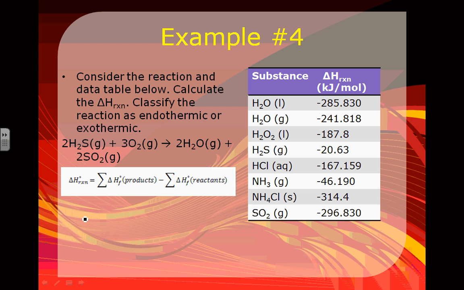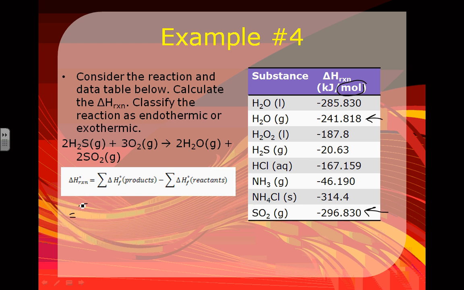Let's do this last one here, and there's one more little twist. We're going to get the sum of the enthalpy of formation for the products. I have 2 gaseous water molecules and 2 gaseous sulfur dioxide molecules. Since this is per mole, I need to multiply whatever number I'm using by the number of moles in the reaction.